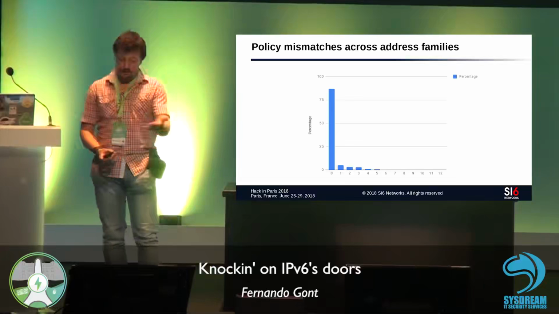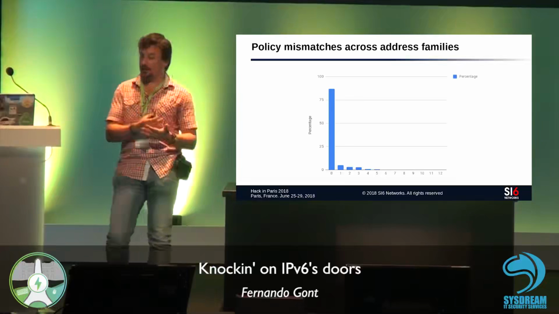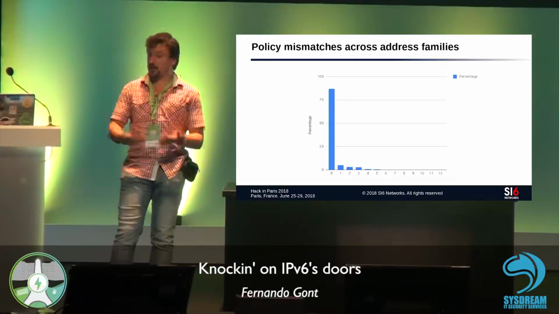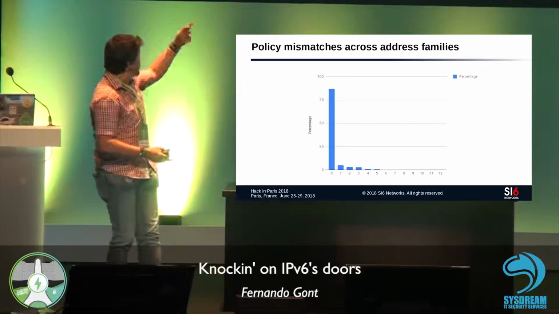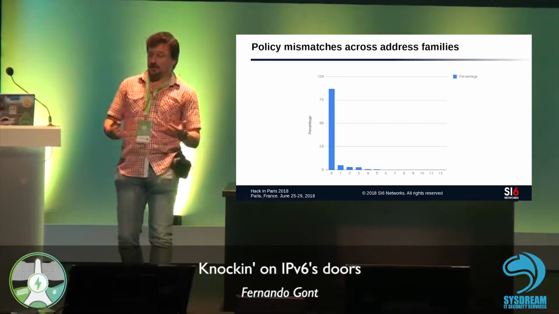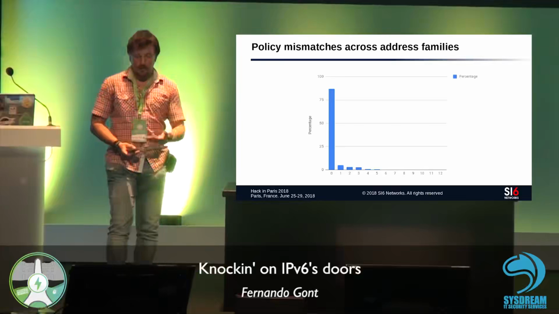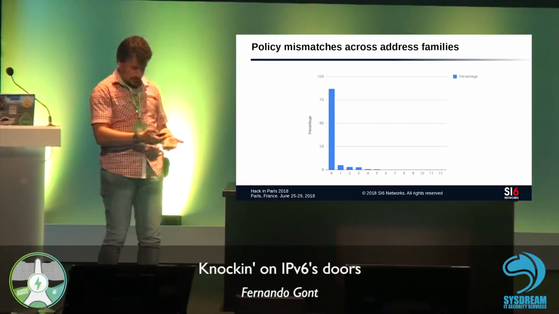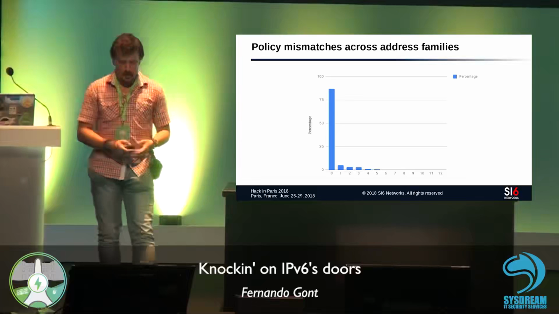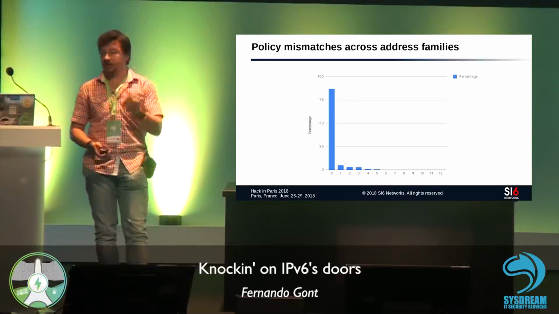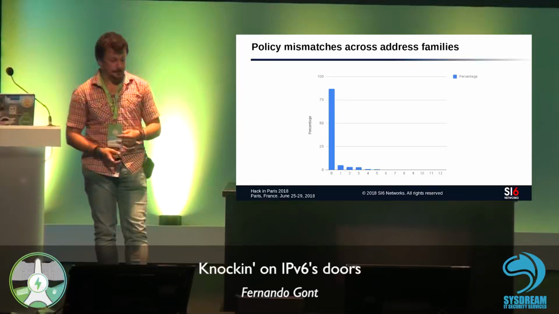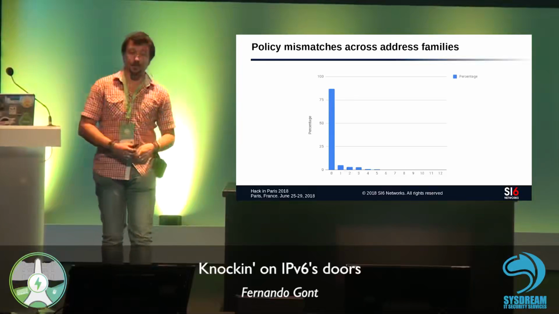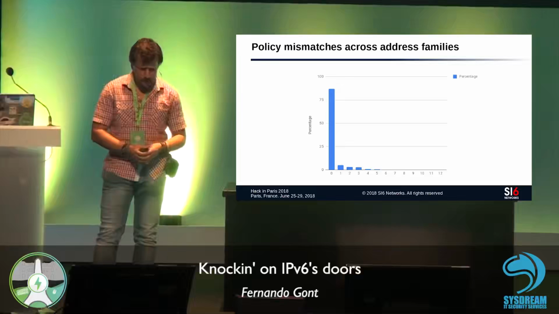There's about 80% where the policy is the same. But about 20%, when you add up the rest, have differences. The first one is differences in a single port, but there are differences in more ports.